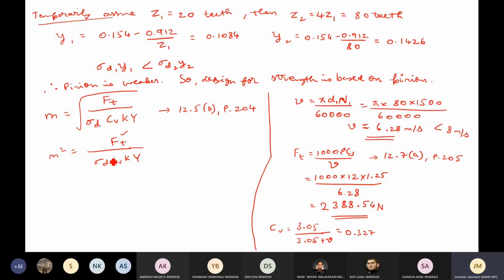So sigma d value you know, CV you found out, K is already given, Y is the only unknown. I'll write it this way: Ft by sigma d CV K pi. I'll put that because capital Y is equal to pi into small y, so m square y.